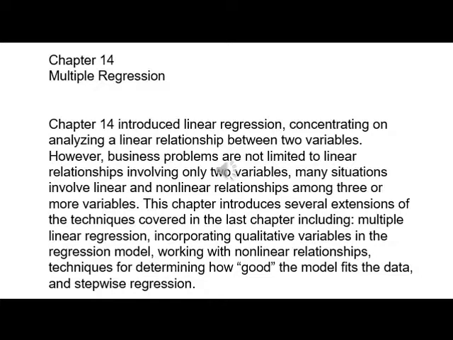This chapter introduces several extensions of the techniques covered in the last chapter, including multiple linear regression, incorporating qualitative variables in the regression model, working with nonlinear relationships, techniques for determining how good the model fits the data, and stepwise regression.